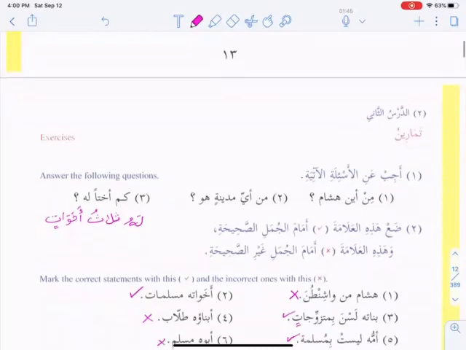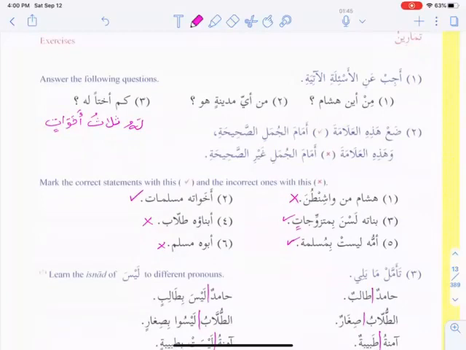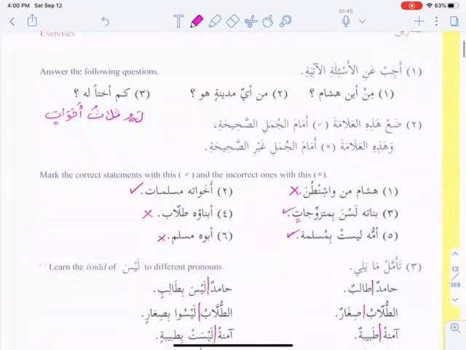Right. Now this also is what is right, what is wrong. Hishamun min Washington. No, that is wrong because he is from New York. Akhwatuhu muslimatun. Yes, sisters are Muslims. Banatuhu lasna bi mutazawwijatin.